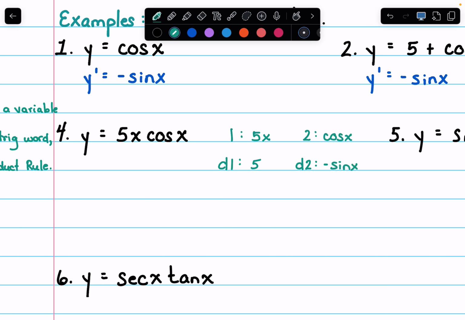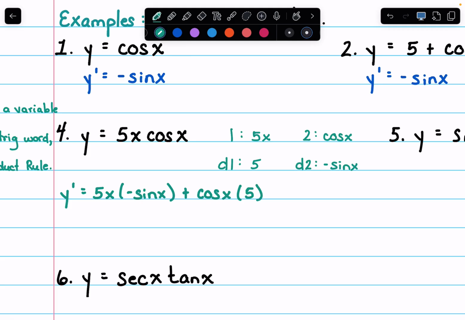Negative sine. And then we're going to do the first, 5x, times the derivative of the second, which is negative sine, plus the second times the derivative of the first. And then all we have to do is just clean up.